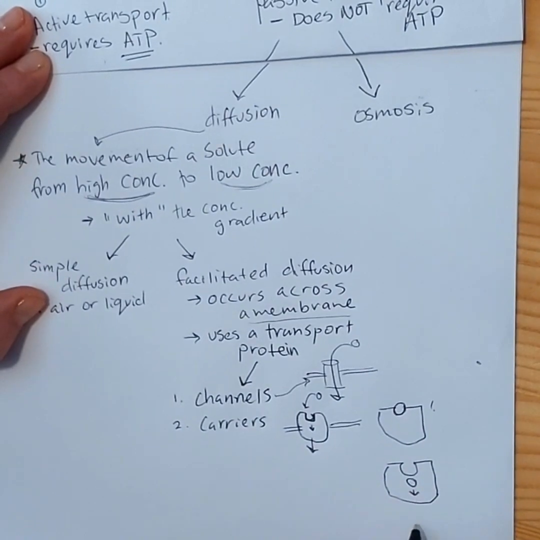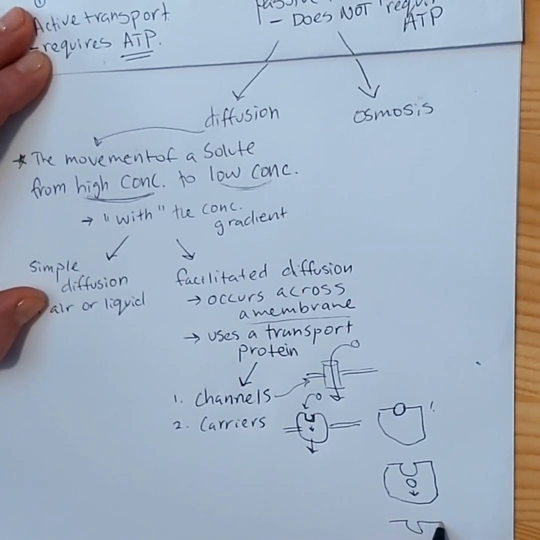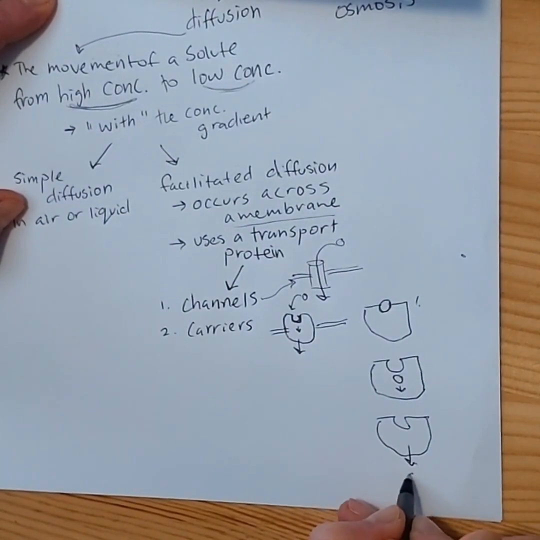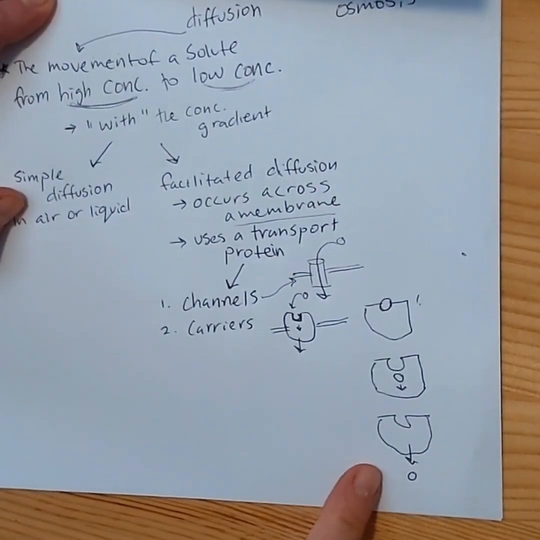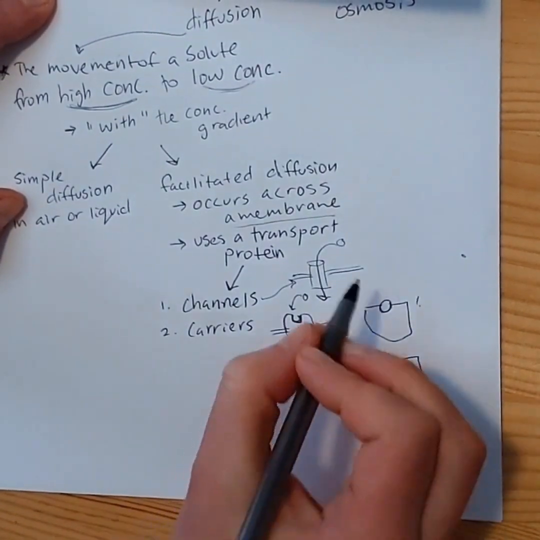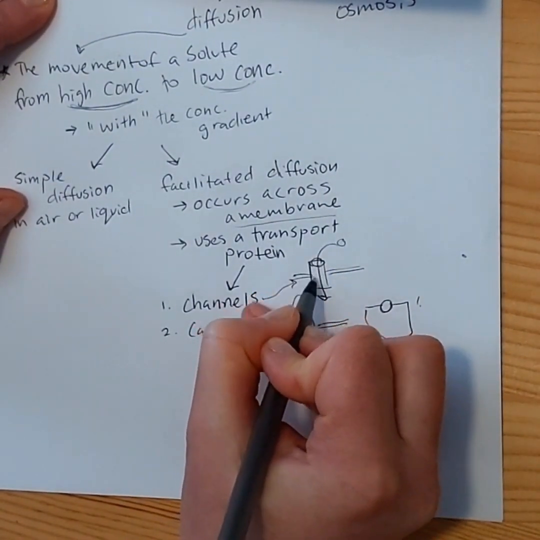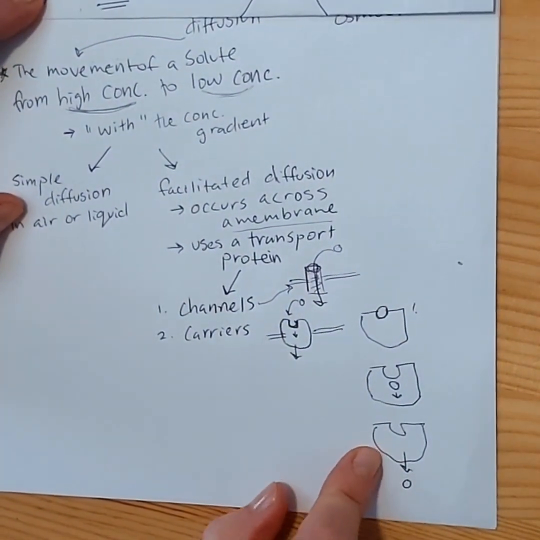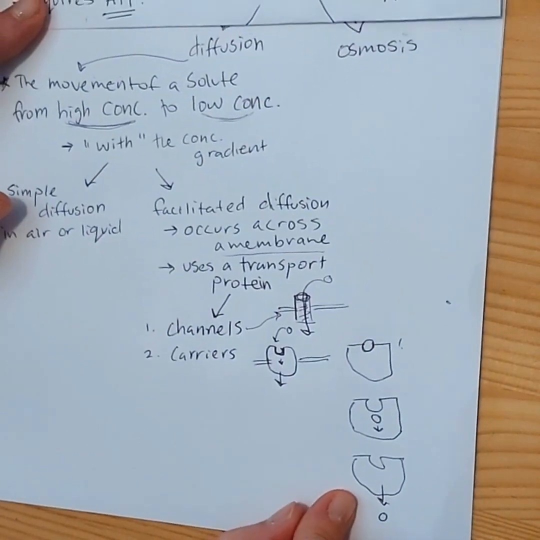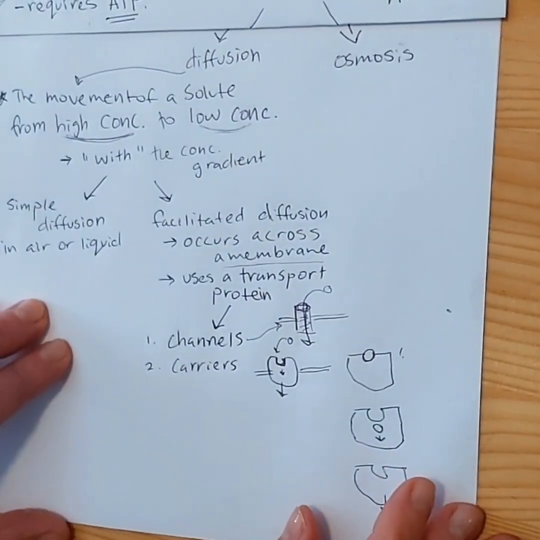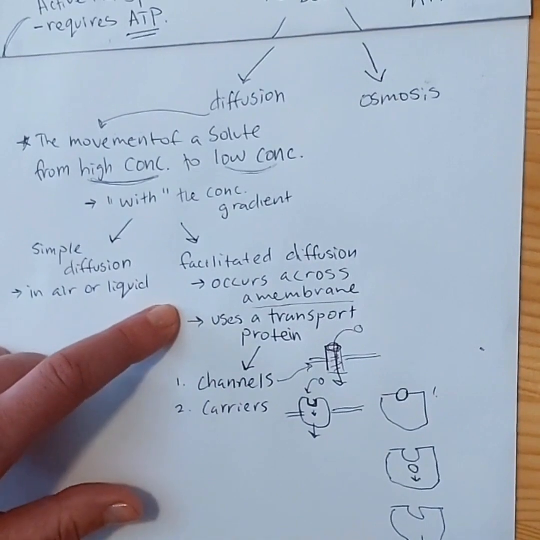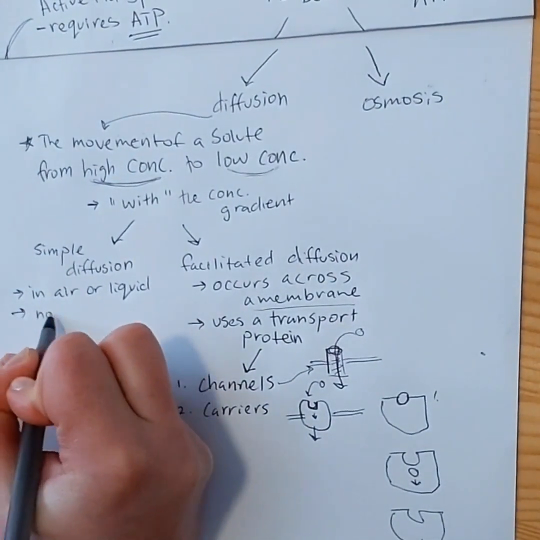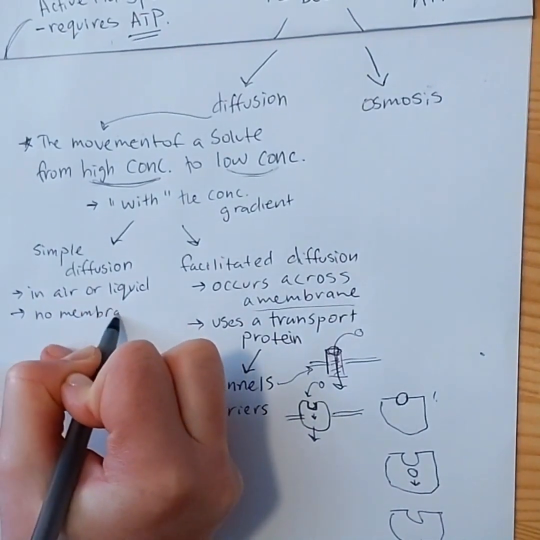And then the last step, your little carrier is going to pop it out the other end. The main difference between a carrier and a channel is that a channel is open all the way through. It's just open space, where a carrier is going to change shape to move your solute through. Cool. So that's facilitated diffusion, which happens across a membrane. Simple diffusion happens in liquid or air, with no membrane involved.